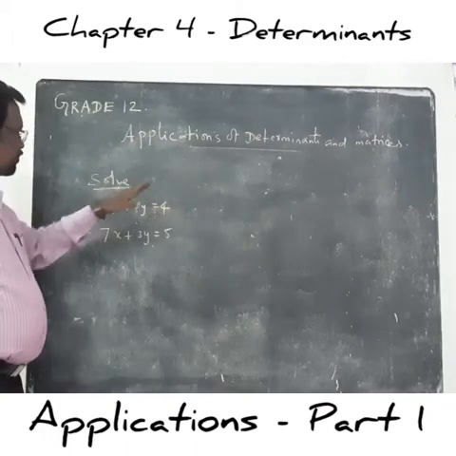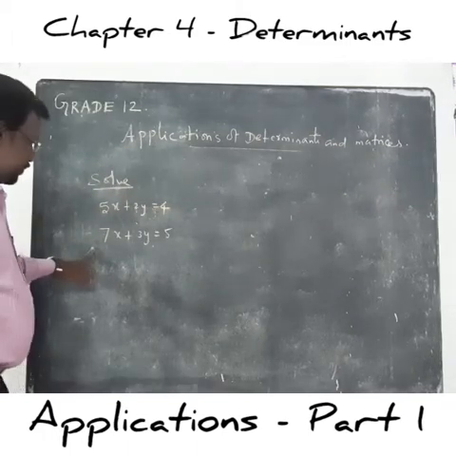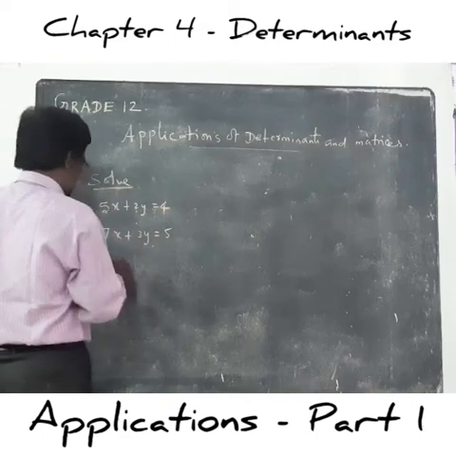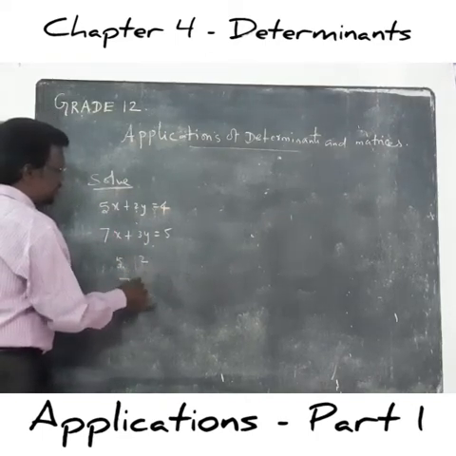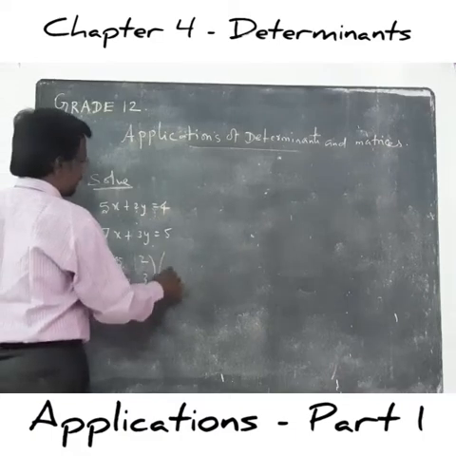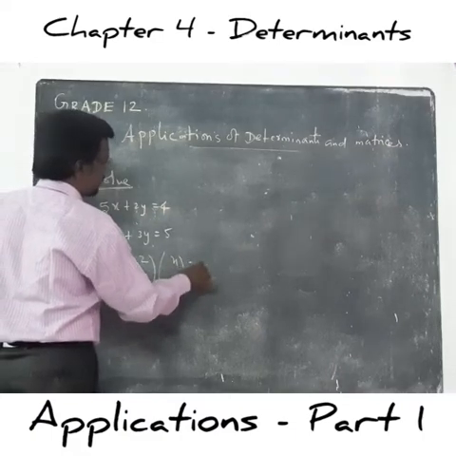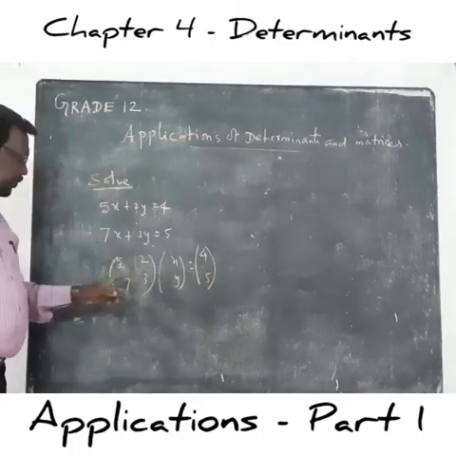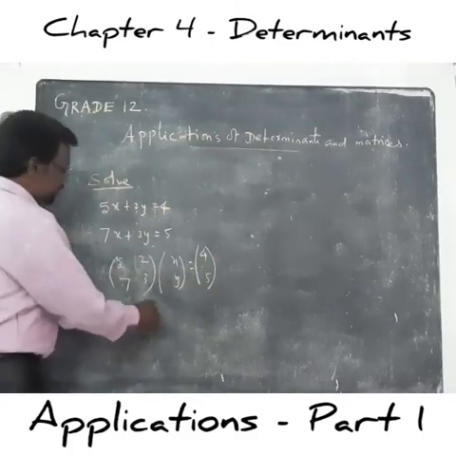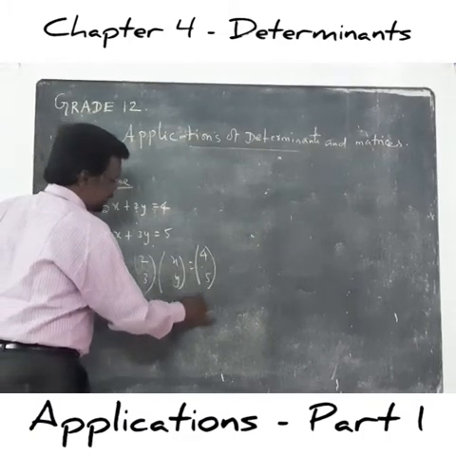Using matrices, solve these equations. First of all, you should write it in matrix form: [5, 2; 7, 3] into [x, y] is equal to [4, 5]. This is A, this is X, this is B.